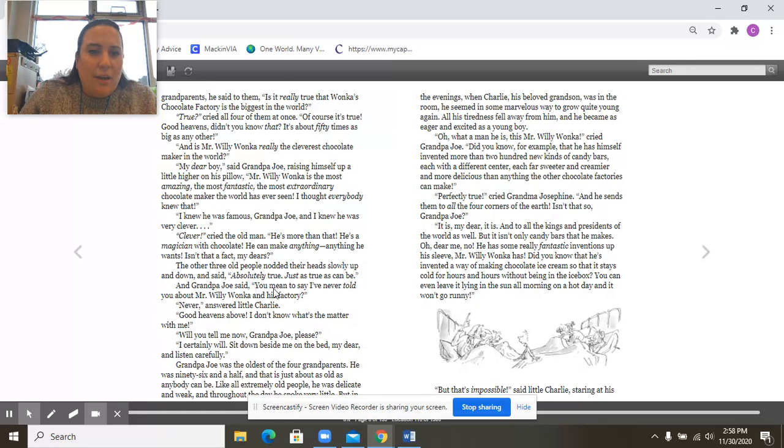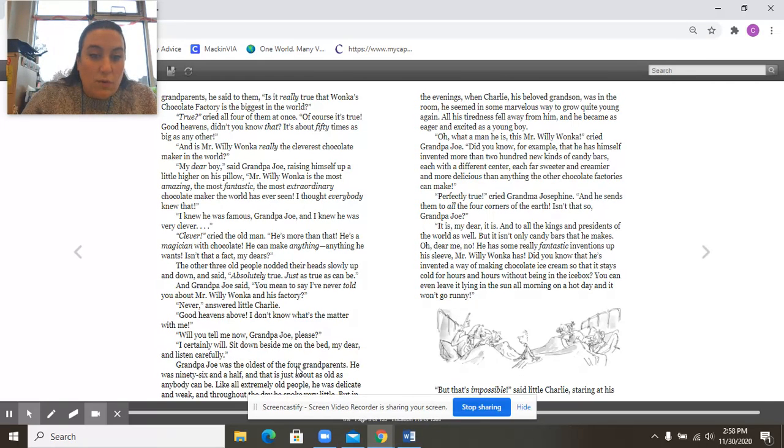And Grandpa Joe said, "You mean to say I've never told you about Mr. Willy Wonka and his chocolate factory?" "Oh, in his factory? Never," answered little Charlie. "Good heavens above! I didn't know what's the matter with me. Will you tell me now, Grandpa Joe? Please?" "I certainly will. Sit down beside me on the bed, my dear, and listen carefully."